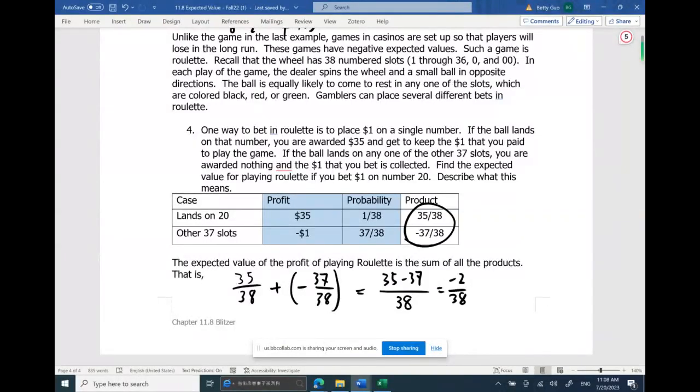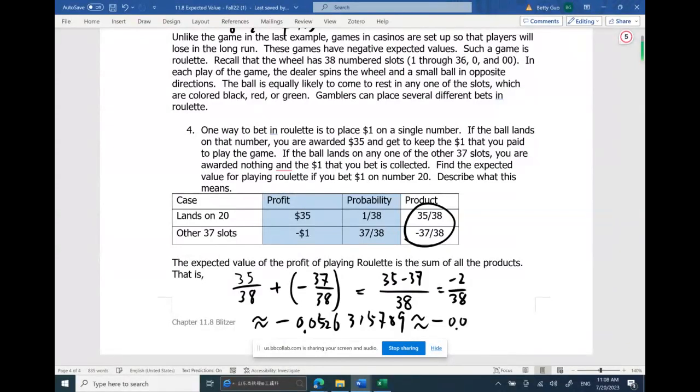Let's convert the fraction to its decimal equivalent. 2 divided by 38, I got a negative 0.0526315789, and we round it because it is money, right? We round it to the nearest cents, and it's going to be negative 0.05.